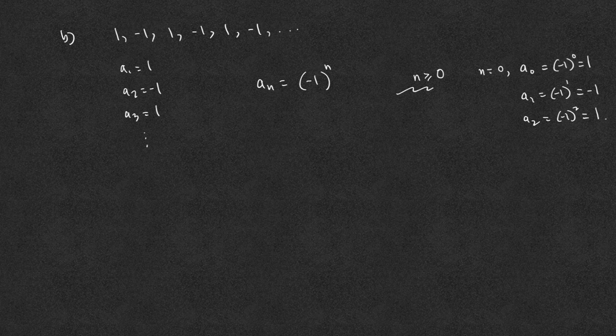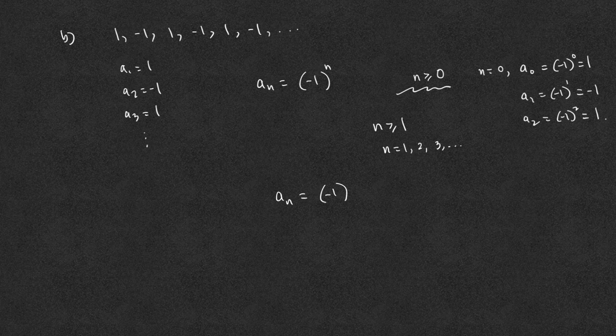Now, if the restriction is that n has to be greater than or equal to 1, meaning we must start with n equals 1, 2, 3, and so on, then we change this formula to a sub n equals (-1), but this time we want to make sure that the first power is 0, so that (-1) to the 0 power is +1.